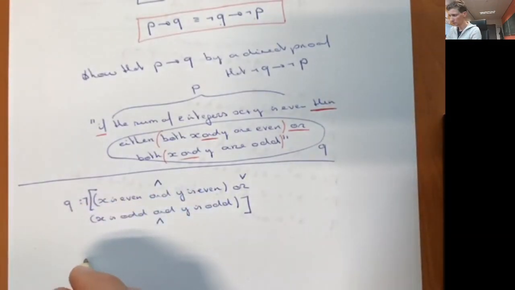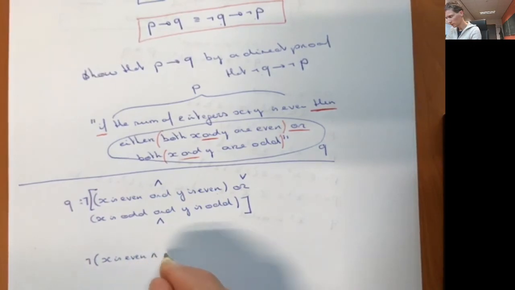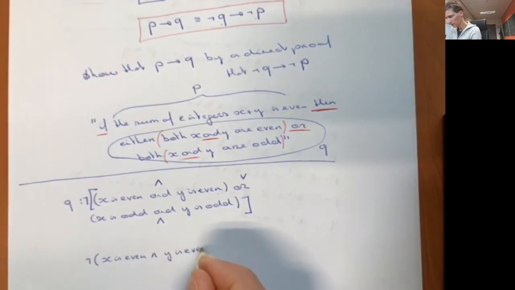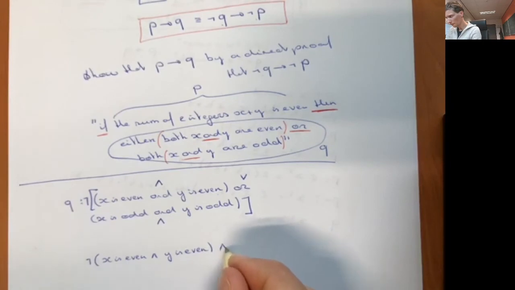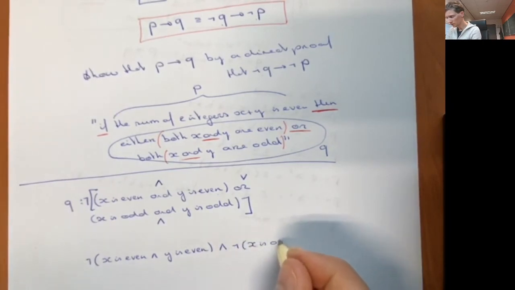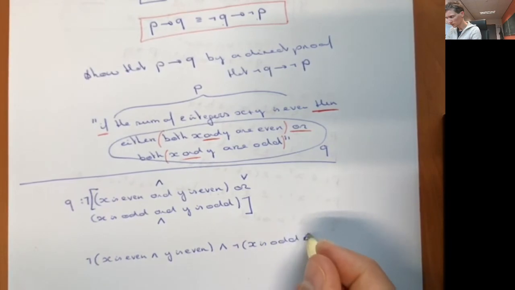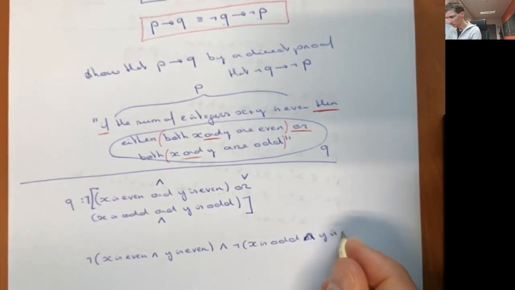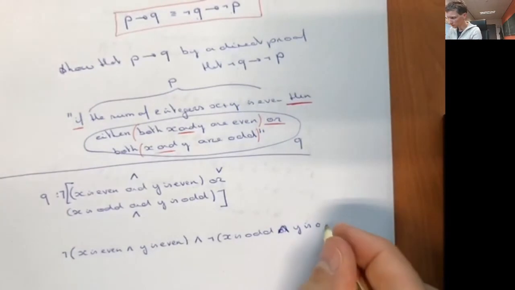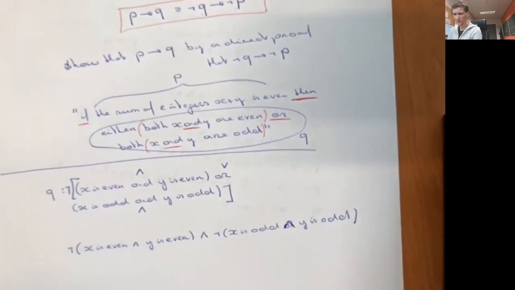So let's see what happens. We have the negation of x is even and y is even, and the negation of x is odd and y is odd.